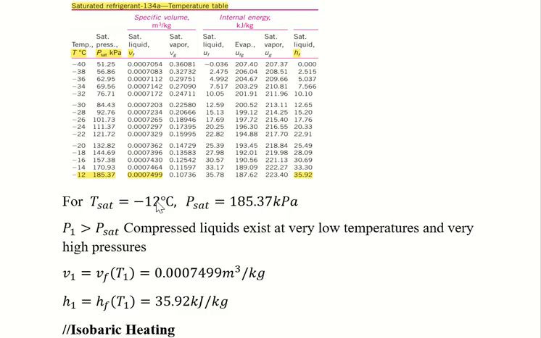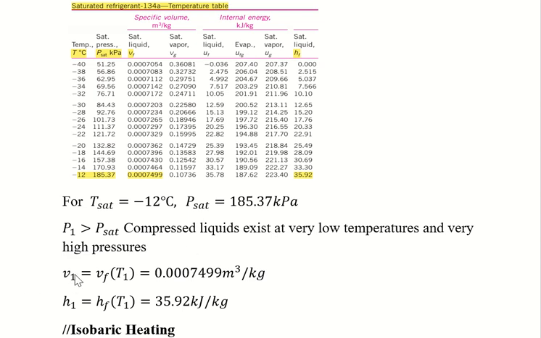Ideally, since it's compressed, it lacks the component of vapor. So to get the values of V1, H1 and U1, we shall only consider the component in liquid form, and that is this here and this here.